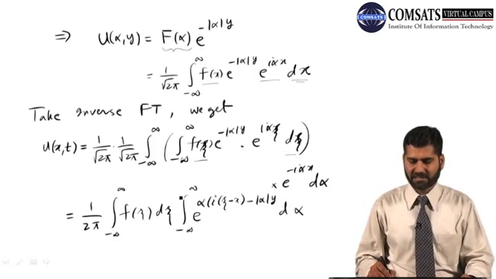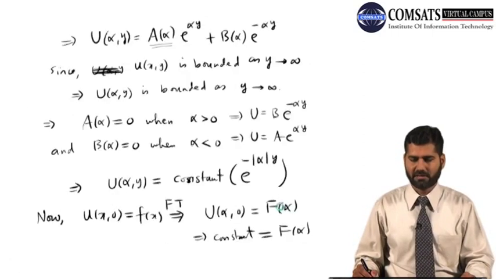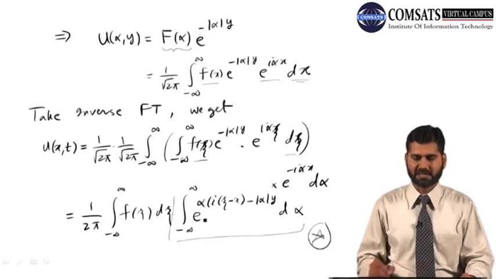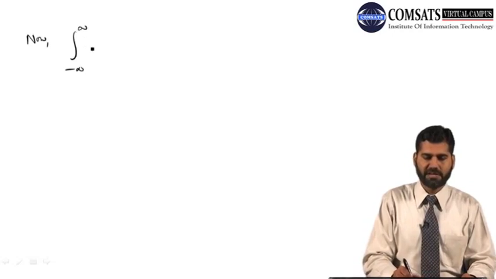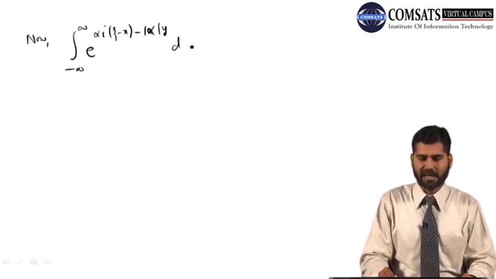So let's simplify this. Call it star, and I will simplify this exponential term. Now consider this one only, the integral from minus infinity to infinity of e to the power alpha iota times xi minus x, and minus alpha y, d alpha.